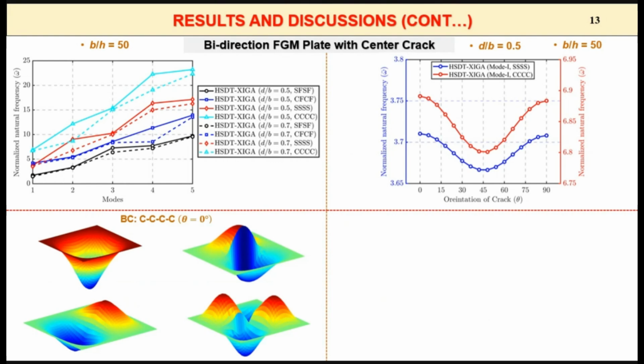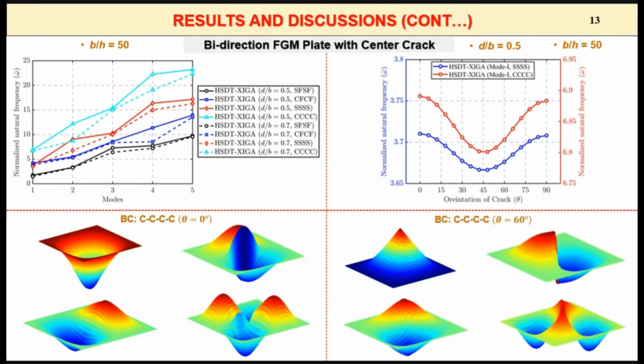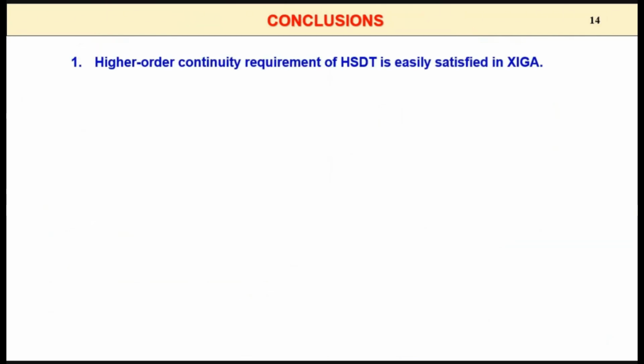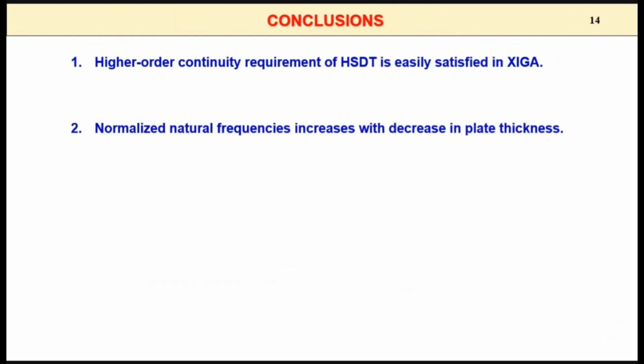We see that at 45 degrees the frequency is less, and it is maximum at 0 degrees and 90 degrees. And these are the different mode shapes for different orientations of the crack at theta equal to 0 and 60 degrees. So I can conclude that the higher order continuity requirement of HSDT, since higher order HSDT requires even continuity, can be easily satisfied by the extended isogeometric analysis.